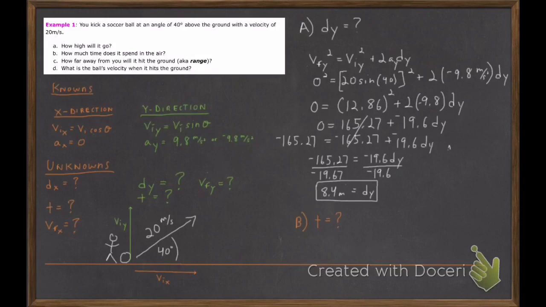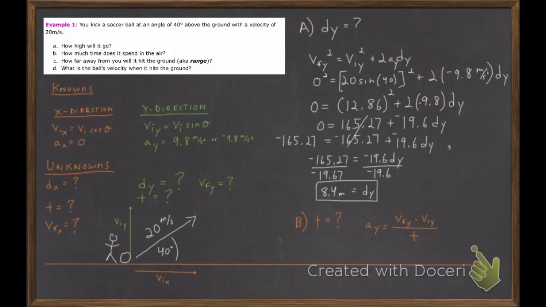So we can say that the acceleration due to gravity, AY, will equal the final velocity in the y direction minus the initial velocity in the y direction, over that time.